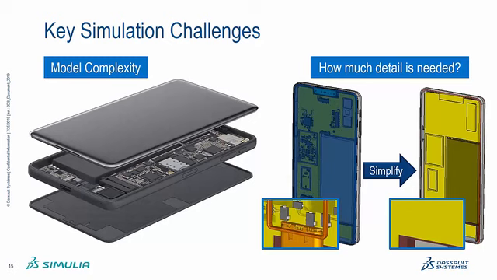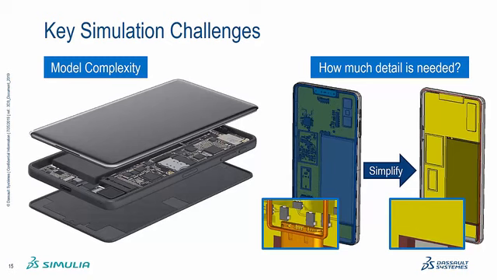All of these things have an influence on the antenna design. To accurately understand how your antenna performs, you have to consider all of these parts in your simulation. But of course, that's not possible at every stage of your design process, right?